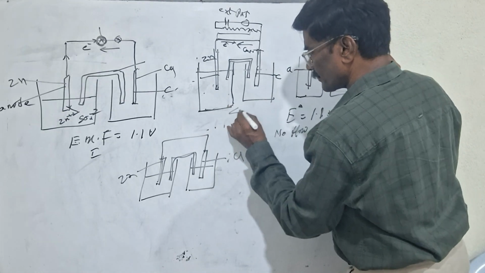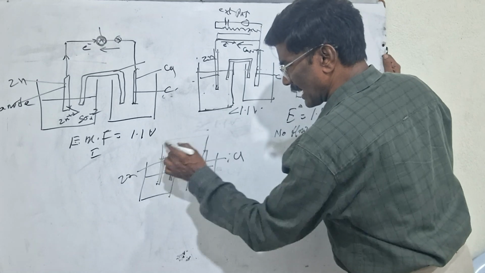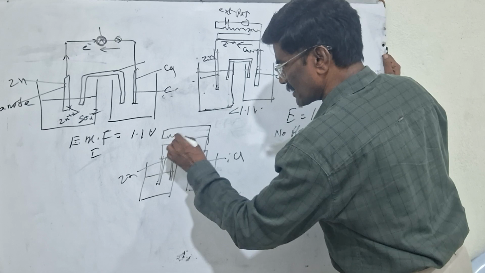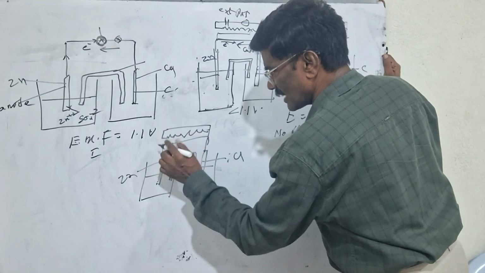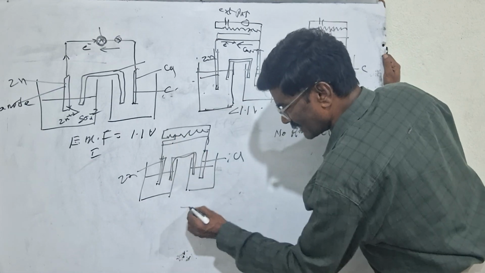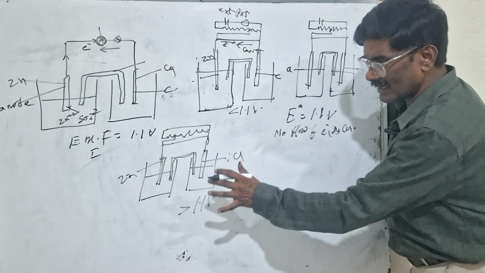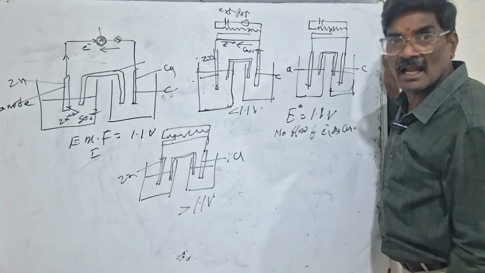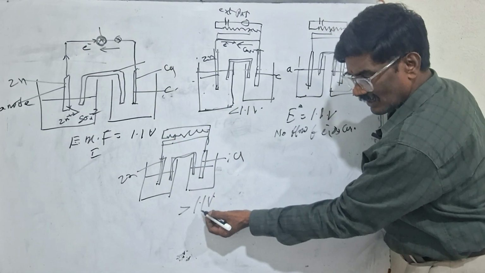But here what is the change? The external potential is greater than 1.1 volts. Everybody should understand this. Slowly we are increasing the external potential until it crosses 1.1 volts.